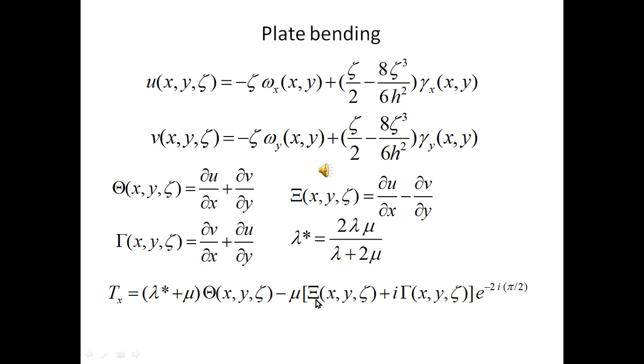As usual, we suppose the plate is in the plane stress state. That means that we use the modified Navier's lambda star elastic constant.